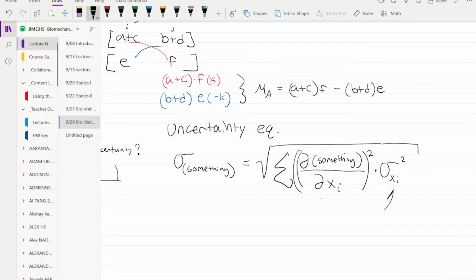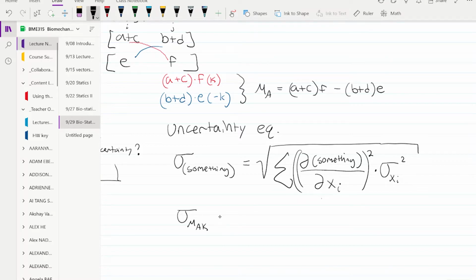So if we know the uncertainties of each component, xi, in something, then we can get the uncertainty of that something. In this case, we're looking at the uncertainty of the moment about A in the k direction.